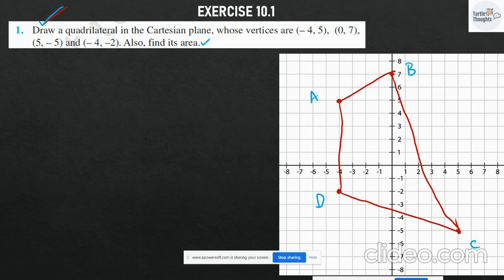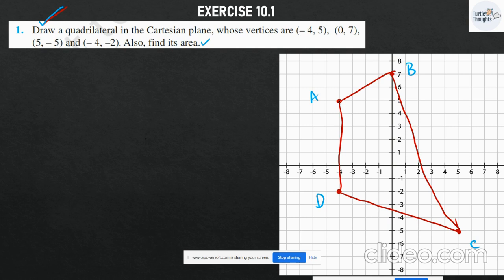Now, do you have any formula for area of a quadrilateral? No, right? We have area of a triangle, area of a square, area of a rectangle, area of a circle. Do we have area of a quadrilateral? No, right? So what we can do here, I can do a small construction.